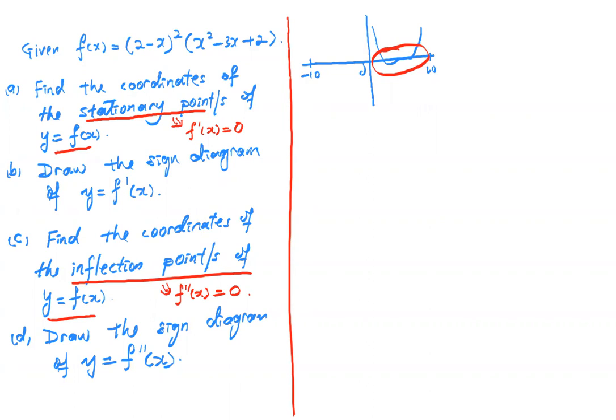What to do? You go to window. Now you use your judgment. If I want to know the special feature of the graph, what should I put for the x minimum? Someone suggest, please.